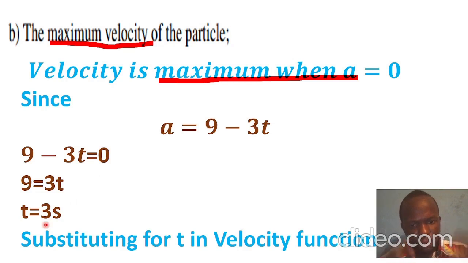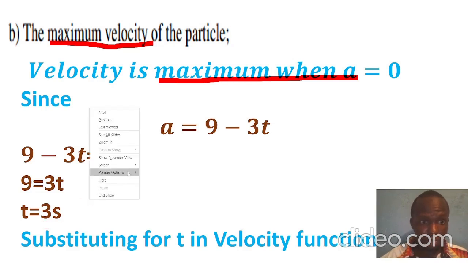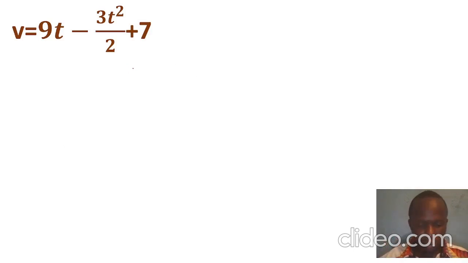So when you substitute for t in the velocity function, we write 3 where we have t, for us to get the maximum.